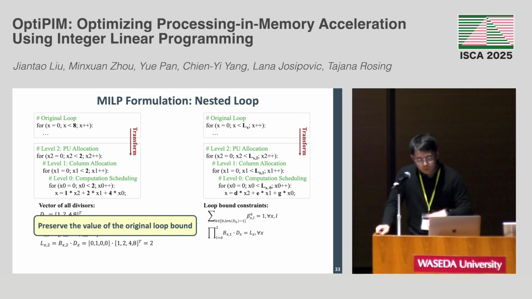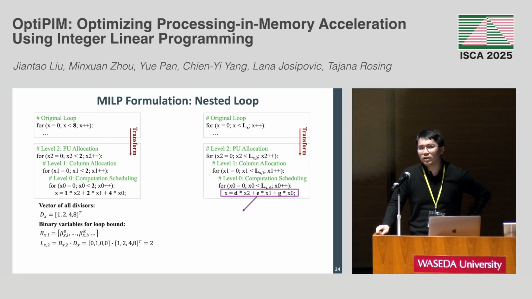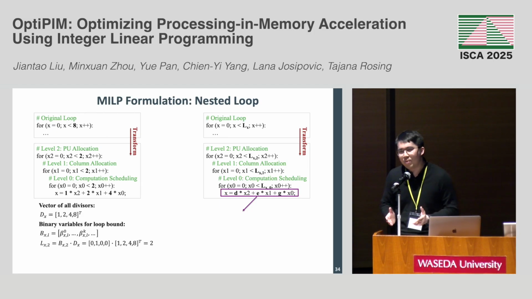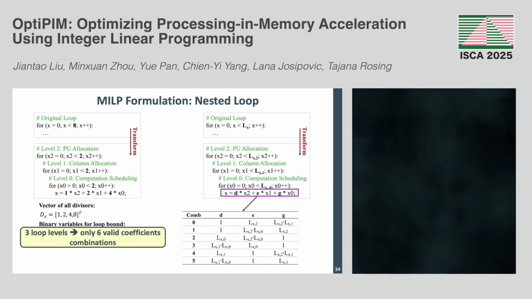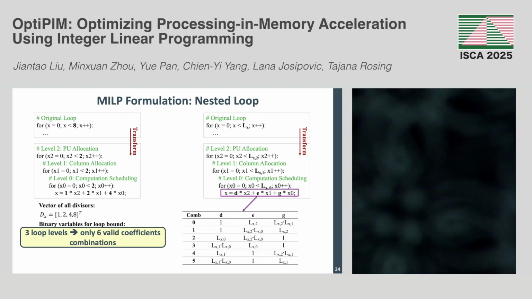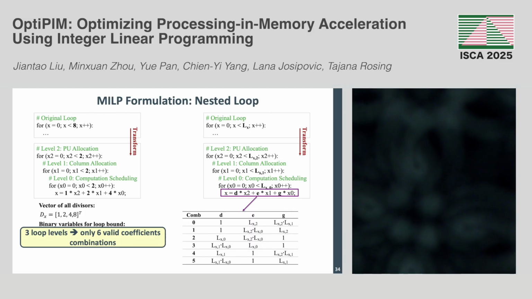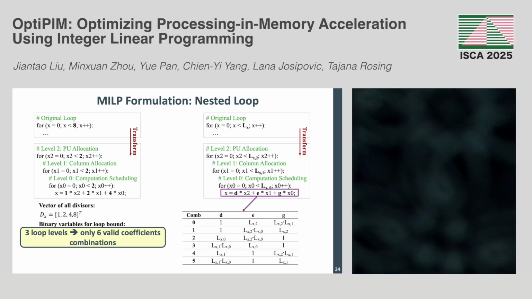And when we are explaining our representation, we also said that we need to encode the coefficients in the indexing function, like the highlighted part here. This may seem terrifying at the beginning because we may have an arbitrary number of combinations for the coefficients, but actually the reality is much better. In the paper, we have proven that for whatever kind of loop transformation you are doing, as long as you are transforming it into 3 nested loop levels, you only have 6 valid coefficient combinations, like shown here.